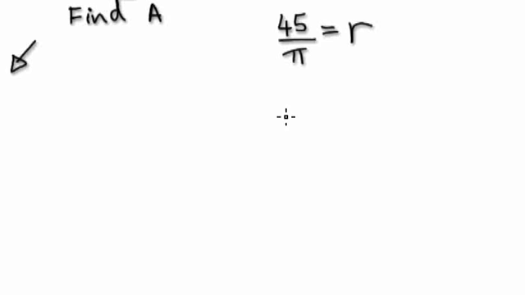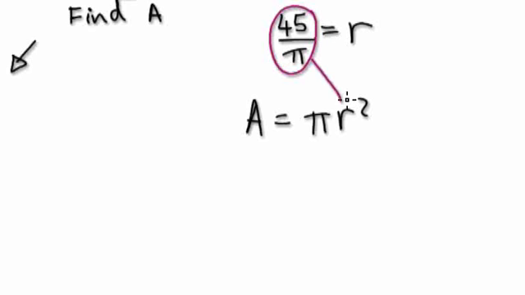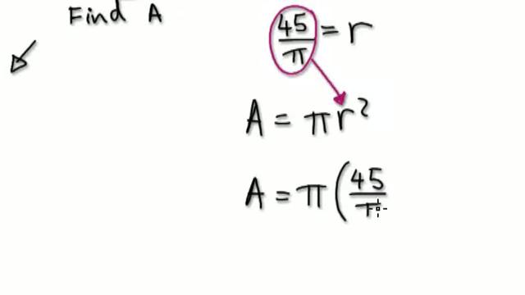So we've got the radius. So the next step is the area. A equals pi r squared. Remember, we've got the radius here, so we've got to put this into here. So this would be A equals pi, and then bracket, 45 over pi, close the bracket, and then you can square it.